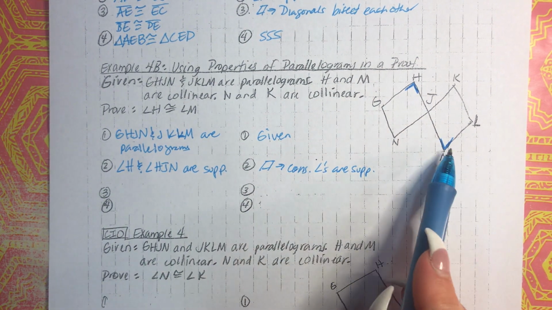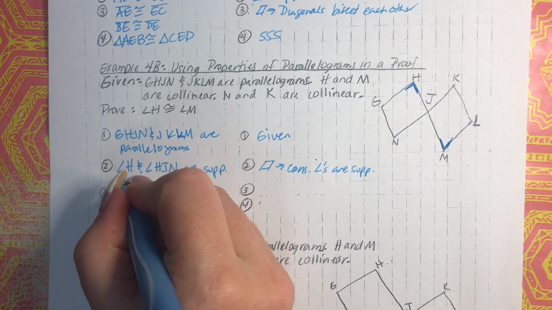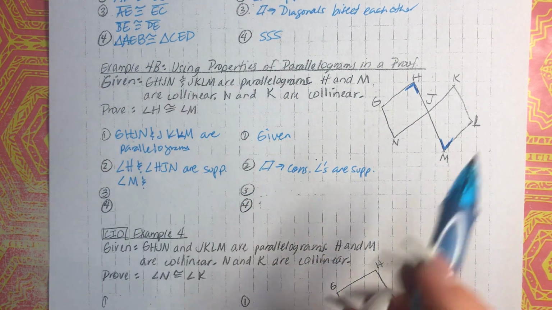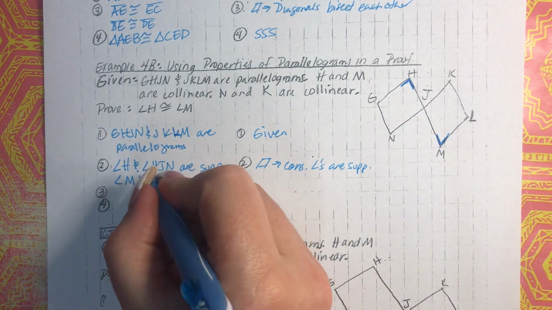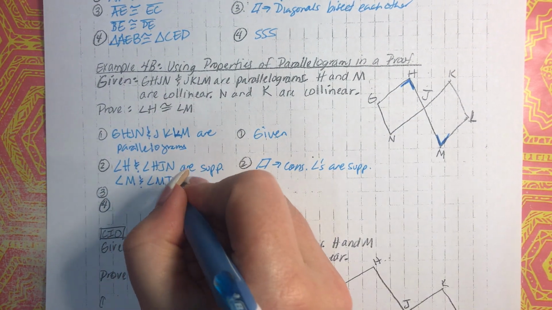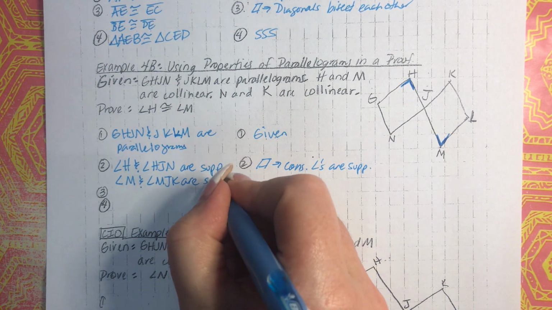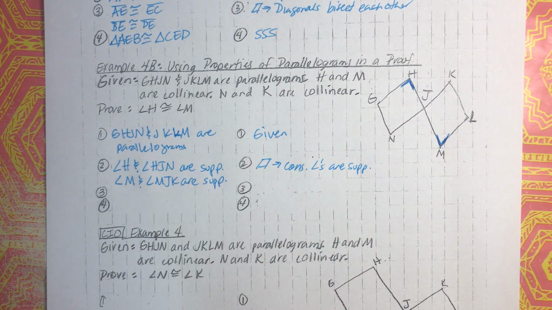And then we're going to do the same thing here. Angle M and angle MJK are supplementary, right?